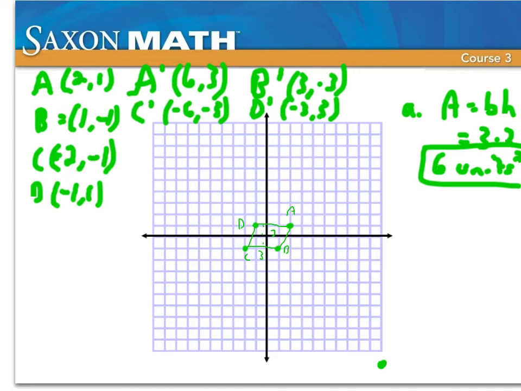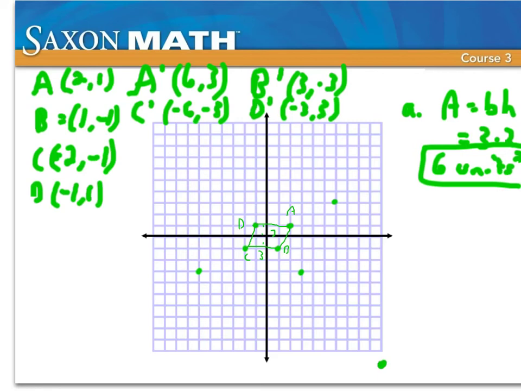So we're going to have a new parallelogram. A prime is at (6, 3), so I need to go 1, 2, 3, 4, 5, 6, and up 3. That's right there. B prime is at (3, -3), so I go over 3 and down 3, so we're right there. C prime is (-6, -3), which is right here.